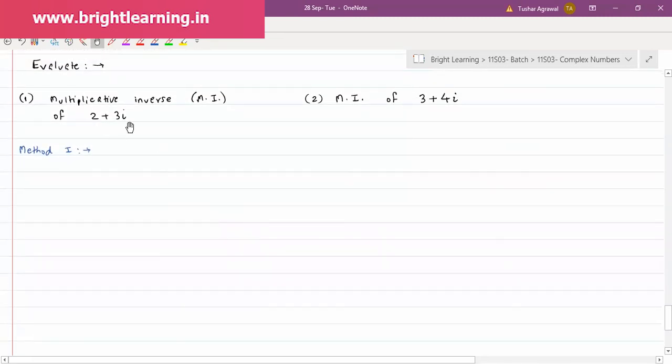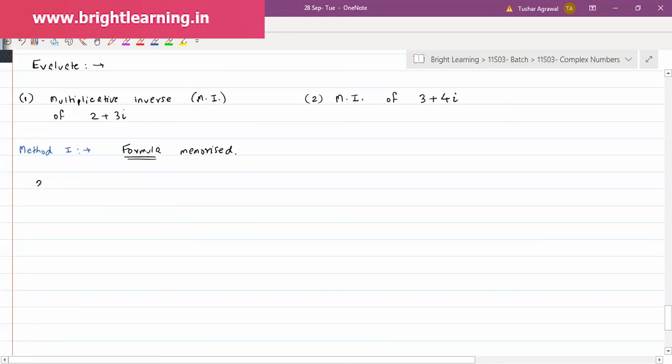So just for completion, I'll tell you the first one, multiplicative inverse of 2 plus 3i. Method 1, memory of formula. The formula of the multiplicative inverse is memorized.